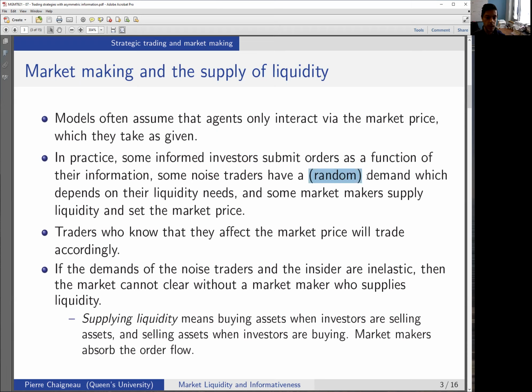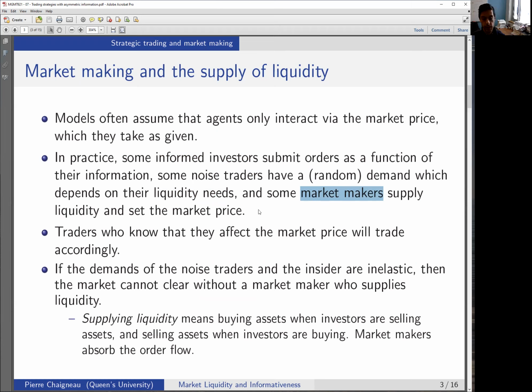So they can trade based on noise, they can trade based on liquidity needs, whatever that is not information related. Okay, so you have these two types of investors: some with information-based trading and others whose trading is not information-based. And then you're going to have some market makers. So these are the agents effectively setting the market price.